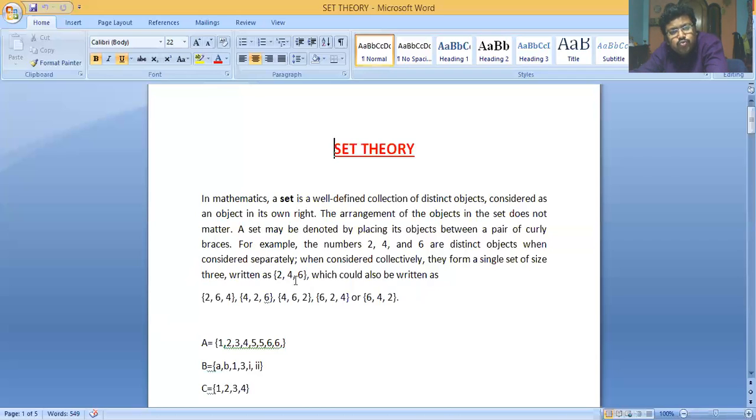Look, this is 2, 4, 6, and you can arrange it as 4, 2, 6, or 4, 6, 2, or 6, 4, 2. So there are a number of ways in which you can represent the distinct objects. Arrangement does not matter in set theory.